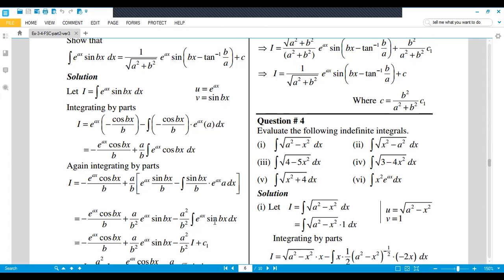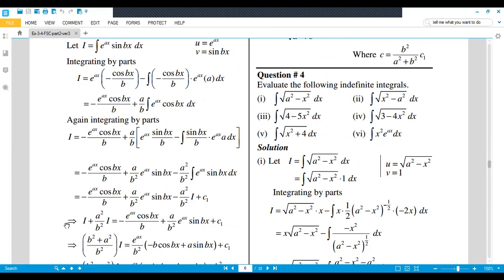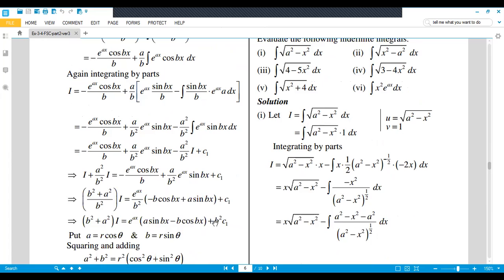So this is equal to the original question, so we put its value I. Now shifted to the left hand side, it will be I plus a square over b square I, so we take the LCM, we will get this. Now e power ax over b square, b is common, so we take b square common, so b will come in multiplication, minus b cos bx plus a sin bx plus constant c1.